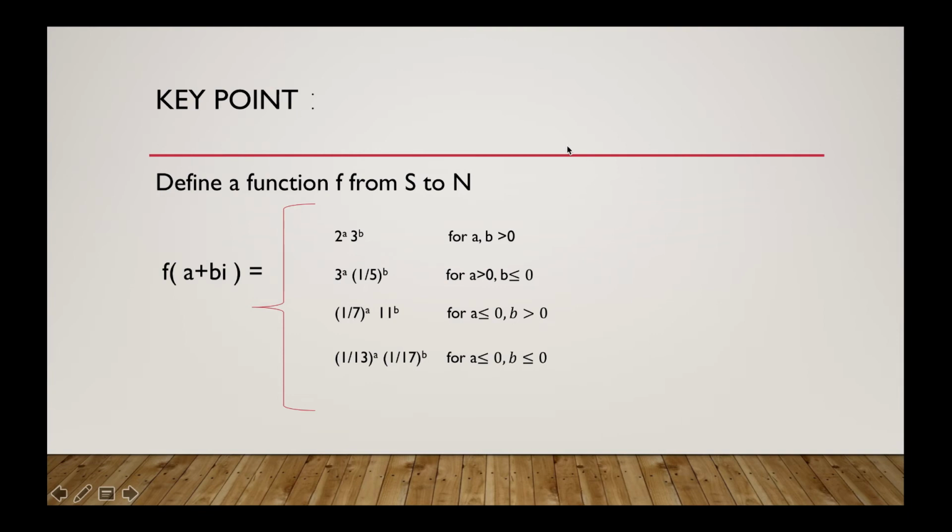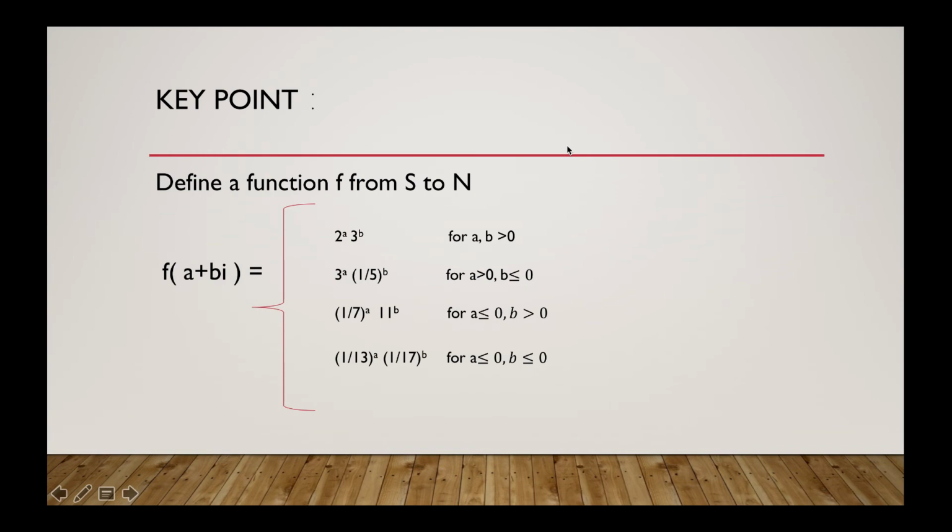Since i is an irrational number, for example, a1 plus b1 i equals a2 plus b2 i only if a1 equals a2 and b1 equals b2. And for each case, it is impossible for both a and b to equal the a and b in another case.